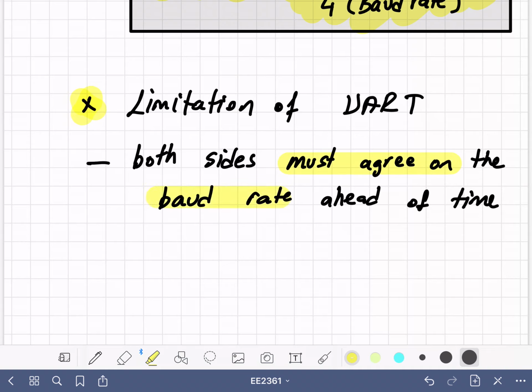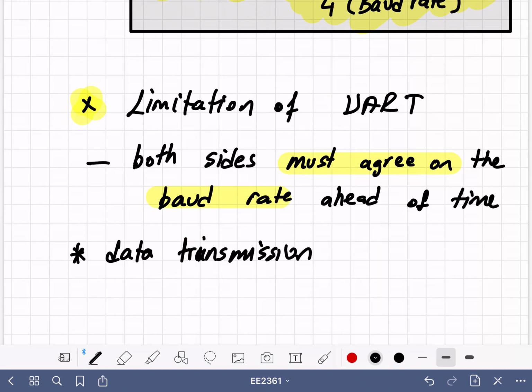Another limitation is data transmission inefficiency. Depending on what mode you are in, but the way we did it in this lecture, we transmitted 7 bits of data, then we had a start bit, a stop bit, and a parity bit, right?